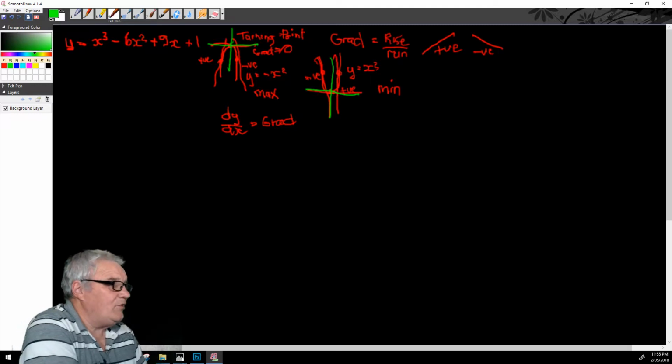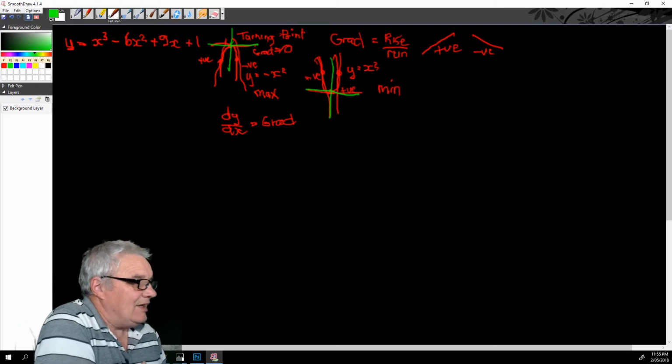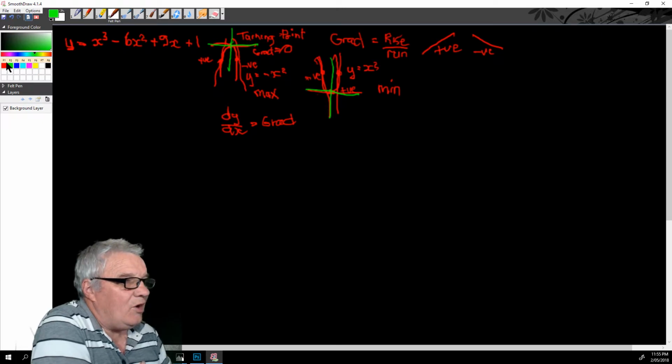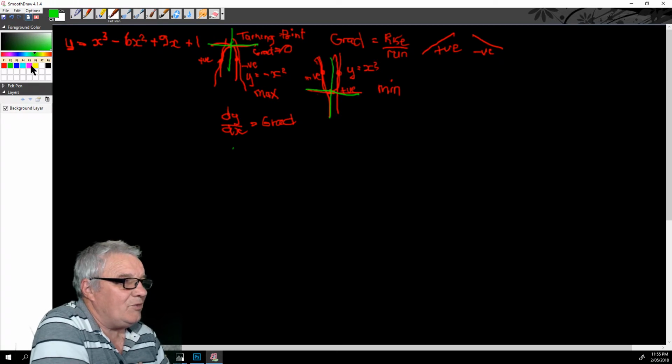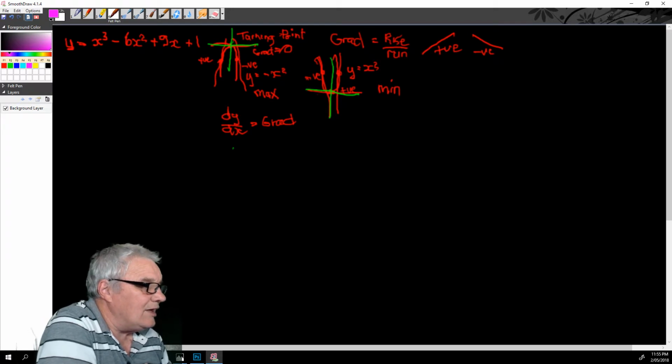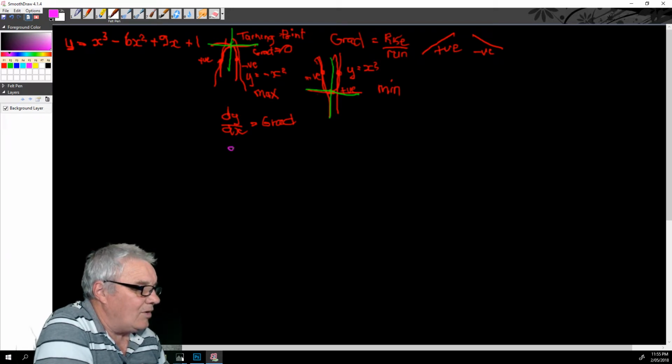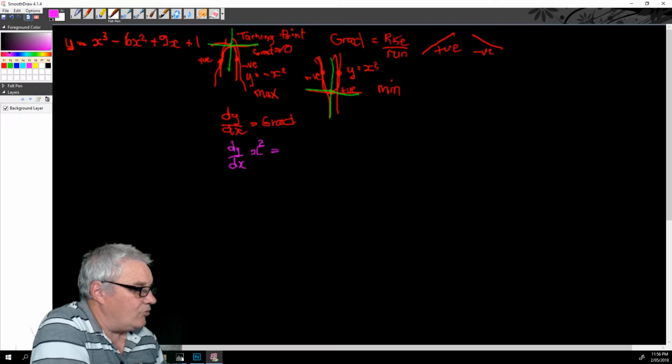Perhaps not a very good example, but anyway, if we go dy by dx of x squared, I'll put that in purple. So we can go dy by dx of x squared equals 2x.